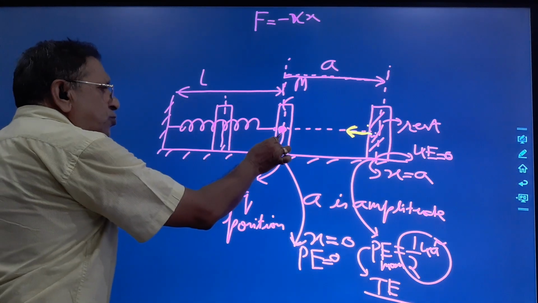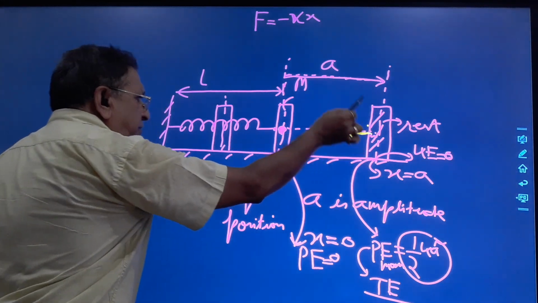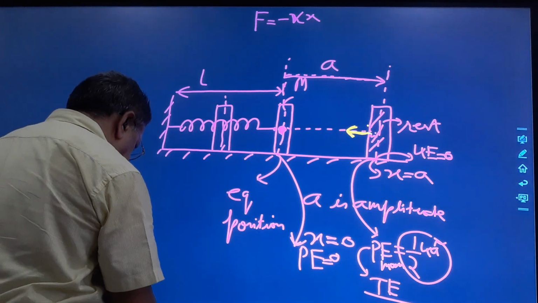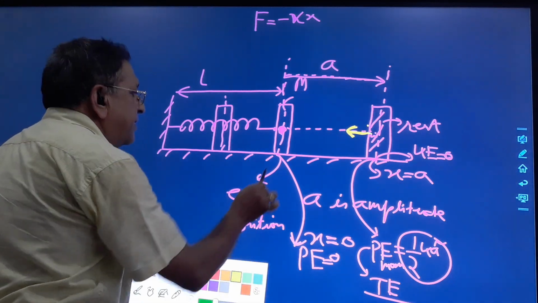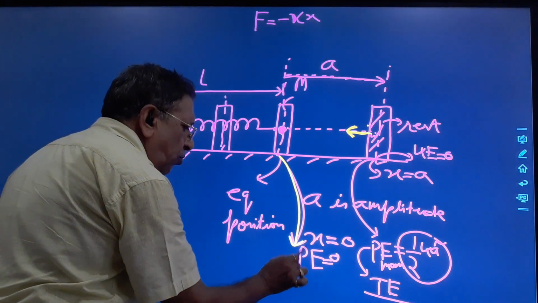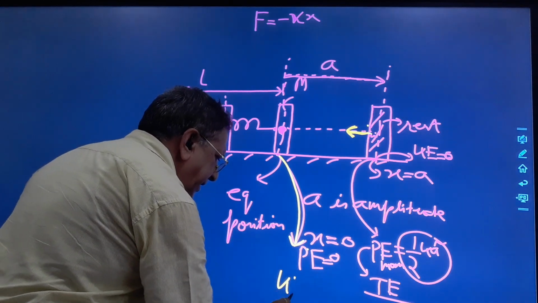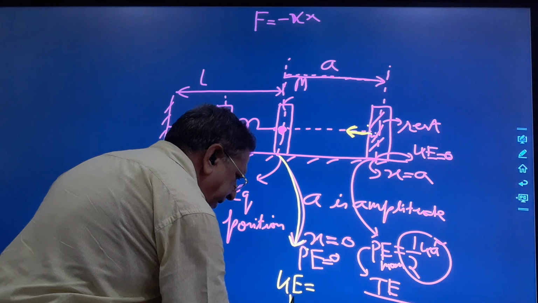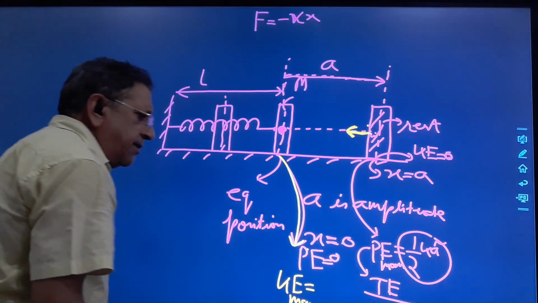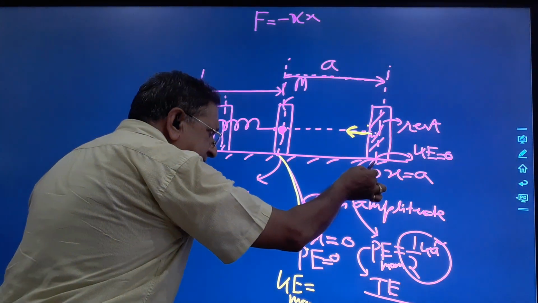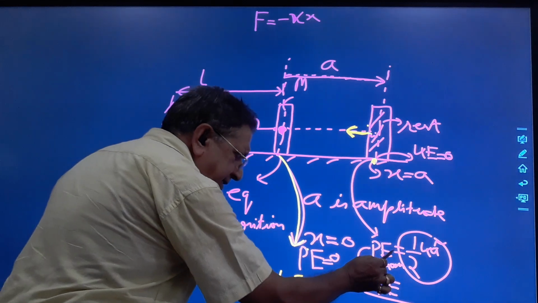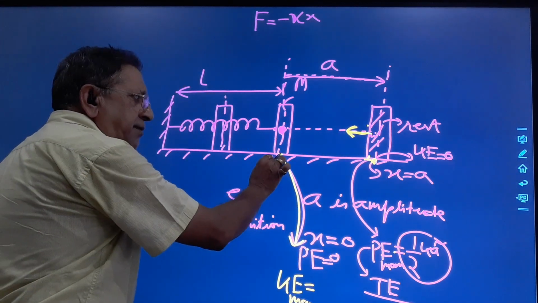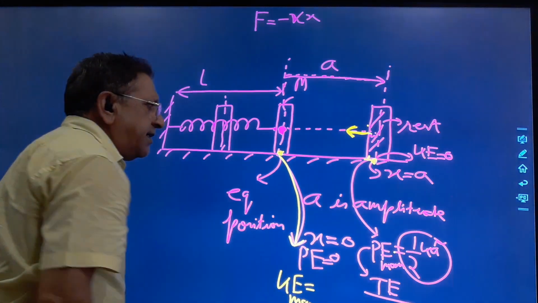But when we release this block from this position to this position, then at this position potential energy is 0, and kinetic energy is maximum. The potential energy, that is the total energy at the starting position, converts into kinetic energy at this position, because here potential energy is 0.